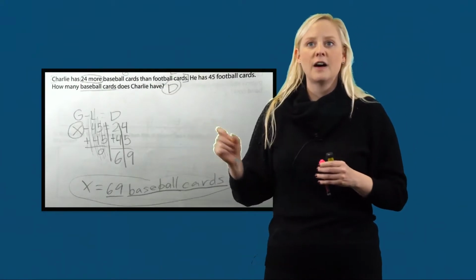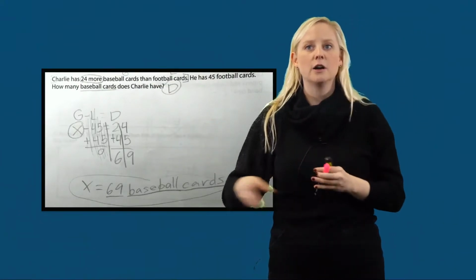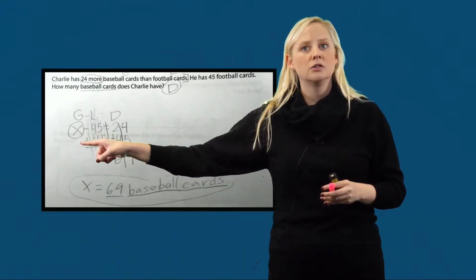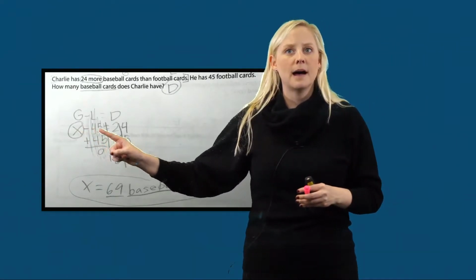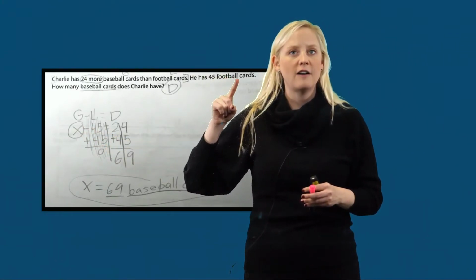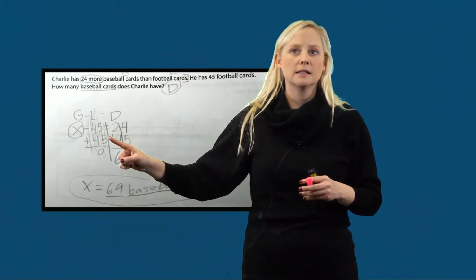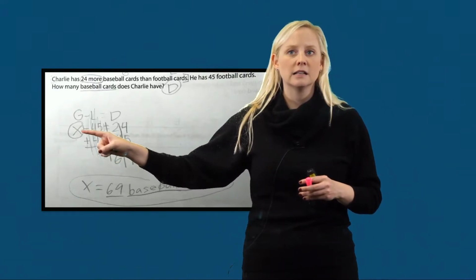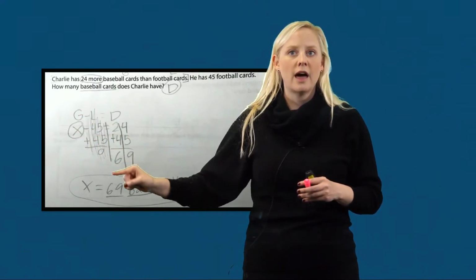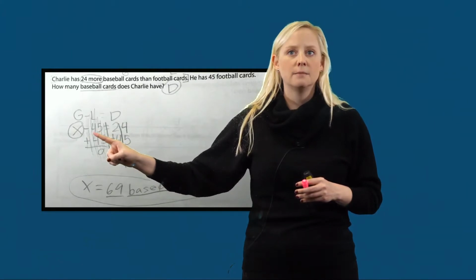The student identified that the baseball cards was the amount that's greater. We don't know that number, so the student put an X. The student put the minus 45 because 45 football cards is the amount that's less. Then you can see the student put the minus and same as signs and isolated the X, circled the X, and drew a line down from the equal sign. It said minus 45.